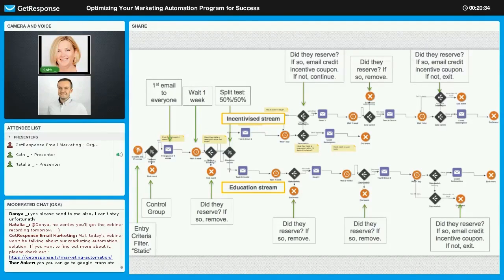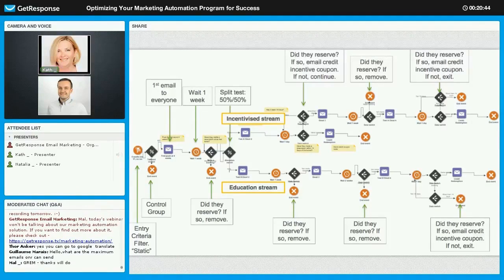What they might end up finding is that, yes, their hypothesis is correct, and the incentivized stream actually delivers the higher conversions. So that now is going to become the control. We're leaving that where it is because it's working, it's great. But we want to improve. We want to be testing something else now.